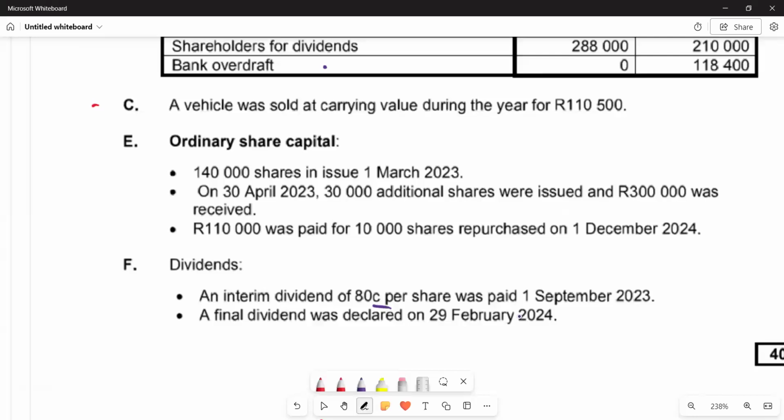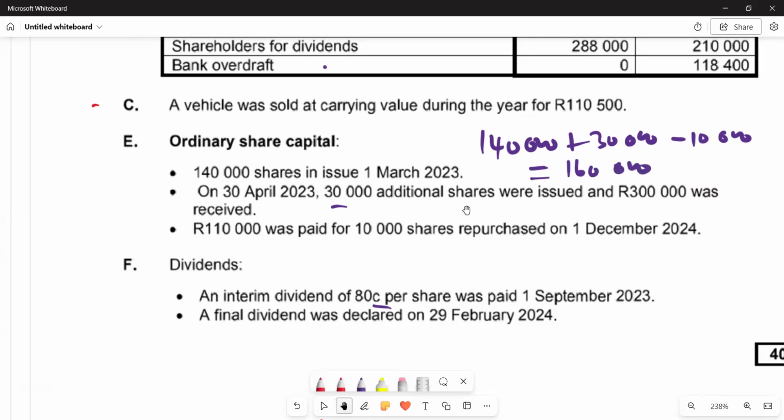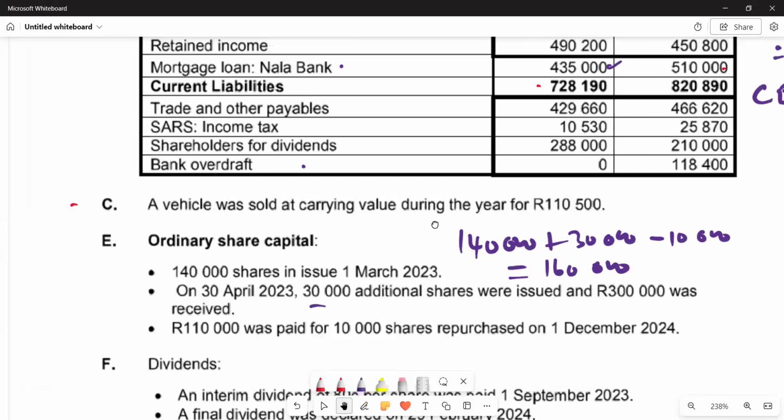We got 140,000 shares at the beginning. And then we got an additional 30,000 that was issued. And then we've got a repurchase of 10,000, which we subtract. And then we get a net of 160,000 at the end. And then we divide it into the value of the shares that we have at the end.